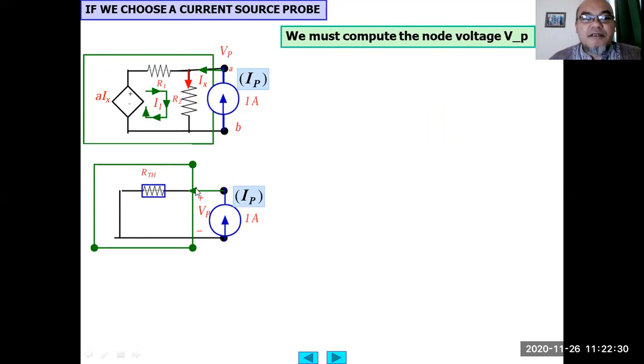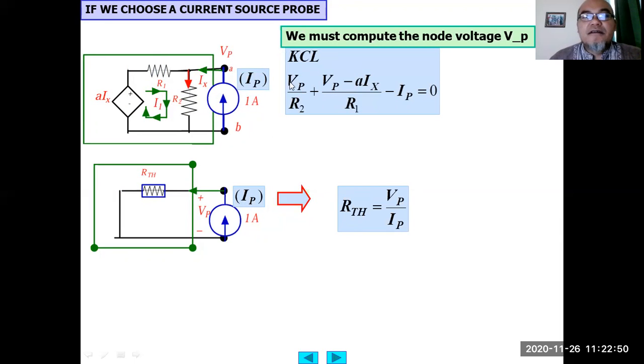This is after substituting into the Thevenin equivalent circuit. So now we must compute the node voltage VP here. So the Thevenin resistance according to this will be equal to VP divided by IP. So what is VP now? So using KCL at this node, VP divided by R2 plus VP negative A IX divided by R1 negative IP, because this is entering into the node, equals 0.